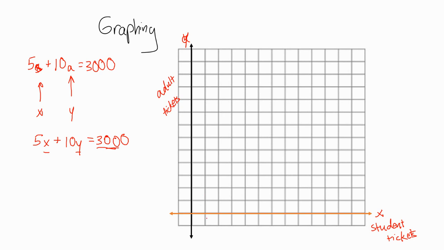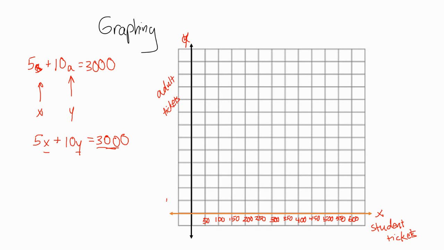Let's see here. Maybe if I go by 50s, this will work. 50. Yeah, that'll work. So if I go by 50 tickets, 100, 150, 200, 250, 300, 350, 400, 450, sorry, going slow here, 550, and 600, that'll work.